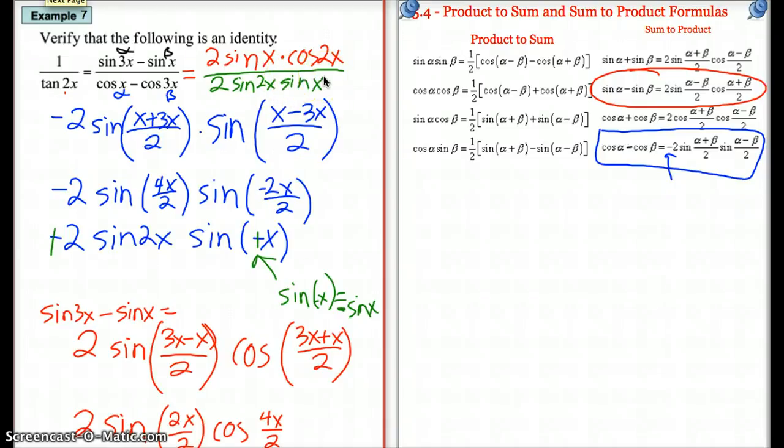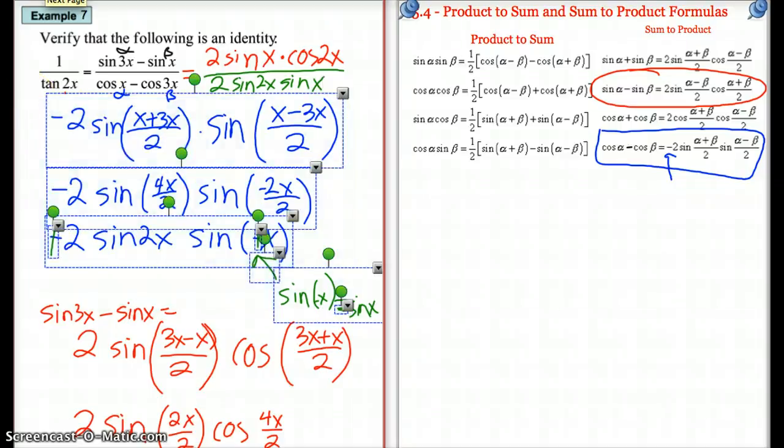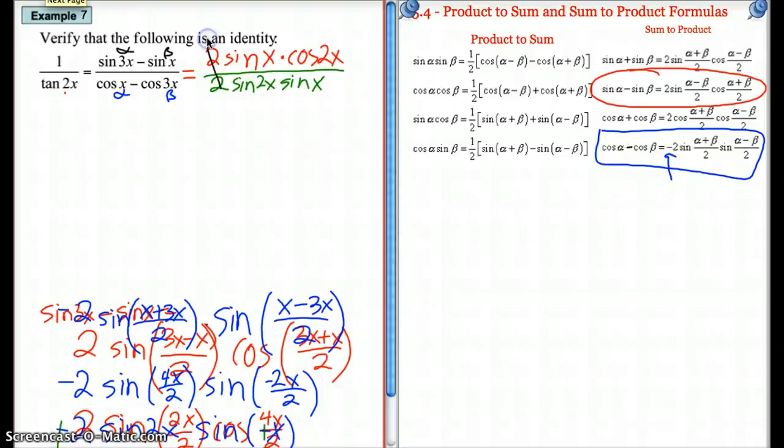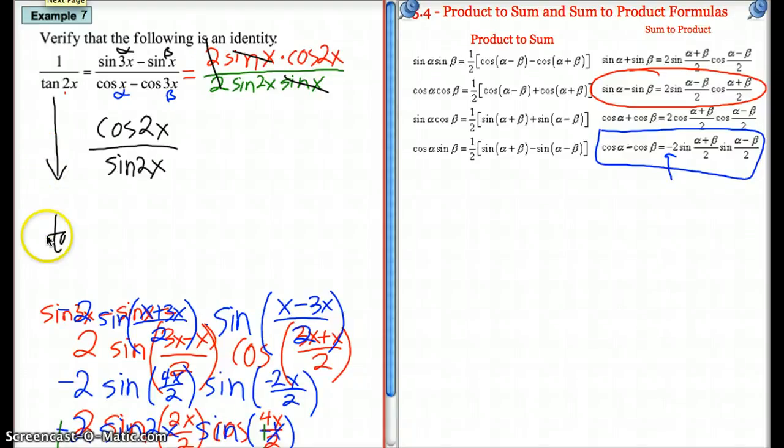And it looks like, once again, I'm going to have some nice simplifying that I can do right away. Let's get this out of the way. So we're going to be able to cancel our 2's. We have a sine of x on top and bottom. And it looks like we're left with cosine of 2x over sine of 2x. Well, we know that the tangent of 2x is sine of 2x over cosine of 2x.